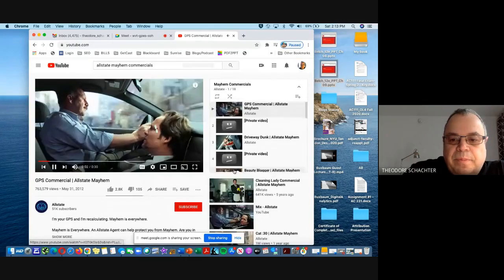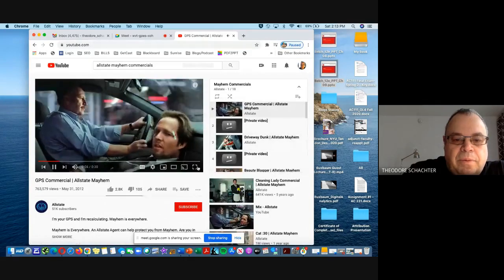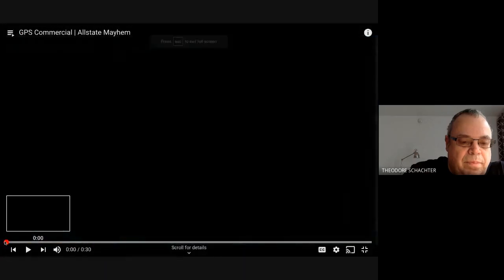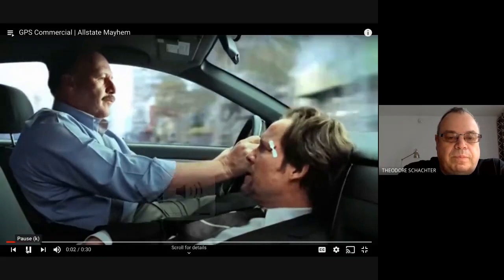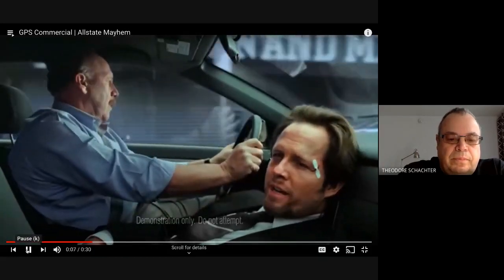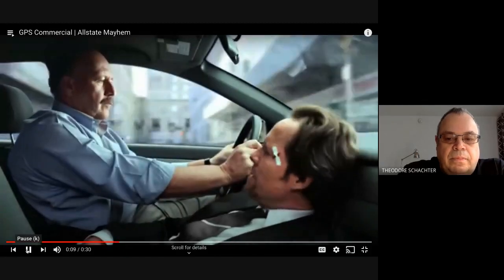GPS. Turn right up ahead. You never update. Let's start again. I'm your GPS. Turn right up ahead. You never update me, so now I just have to wing it. I meant turn left up ahead. Recalculating.